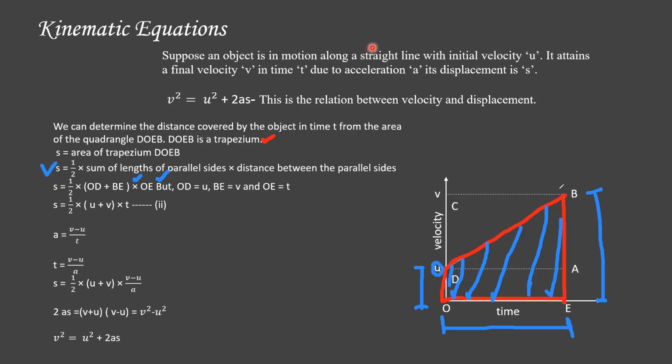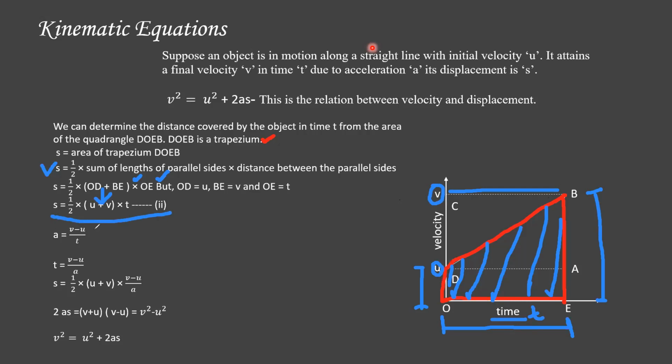Because if you look at this dotted line, you will see that this is V. And OE is equal to T. O is on the x-axis over here, so this is time T. So I just substituted these lengths and names over here, and I got S is equal to half into (U plus V) into T. So this is a basic formula which I got.